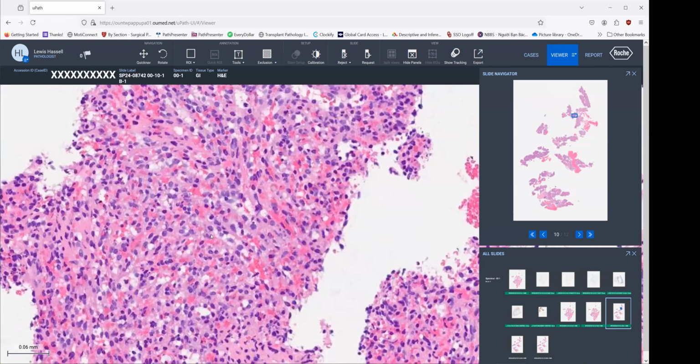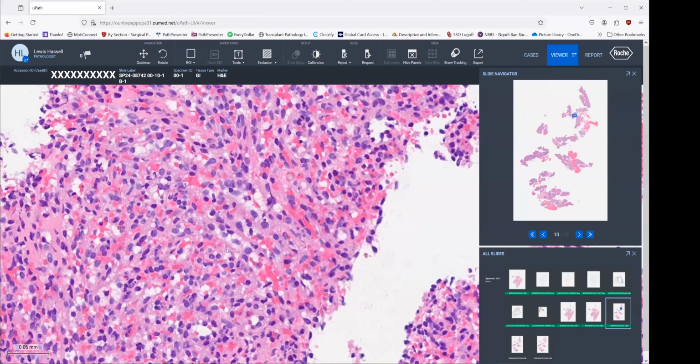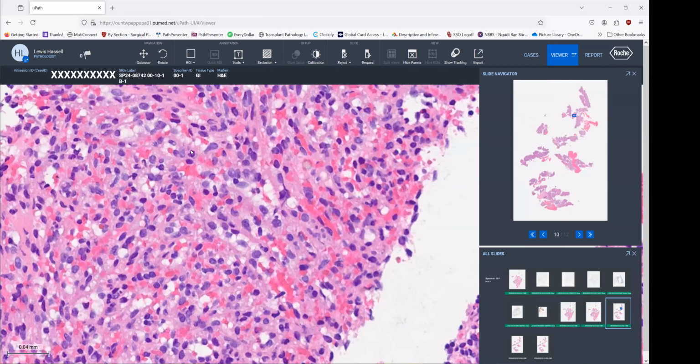But here at higher magnification, I think you can see that these nuclei are fairly bland. They're sort of epithelioid to maybe slightly spindled. And we have a lot of these little round microlumina or microcystic spaces in the tissue.